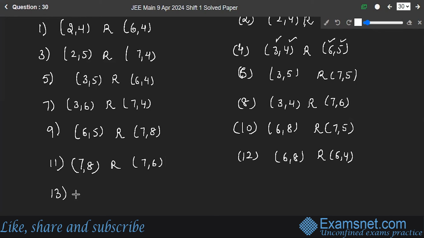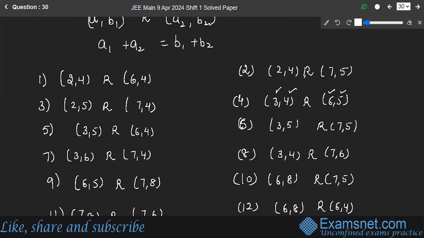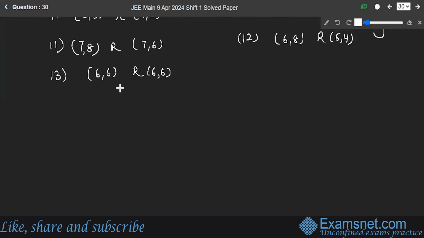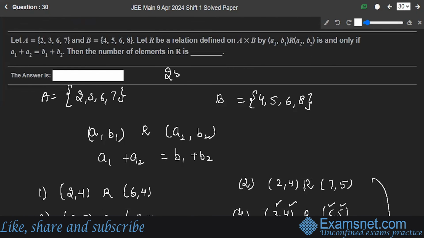And one more, you have (6, 6) relation with (6, 6). See, now these 12 ones, they are having the relation vice versa also. So this will be into 2. (6, 6), (6, 6), they are the same pair. So that means how many total elements are there? 12 into 2 plus 1. That makes it 25. So this is the answer to the question, 25.